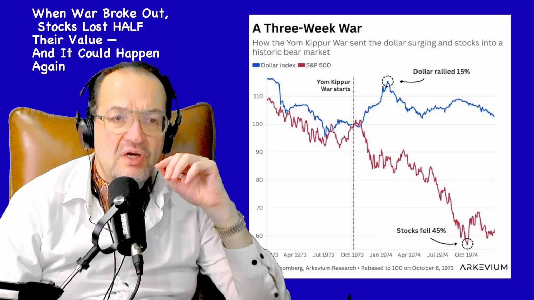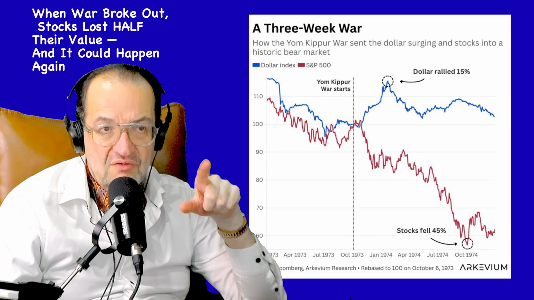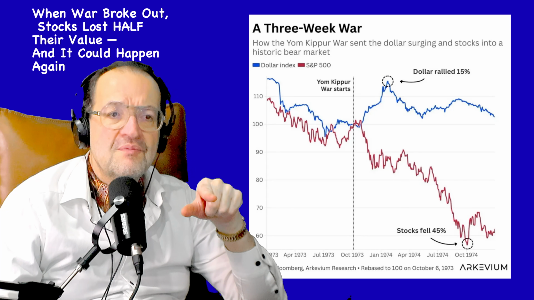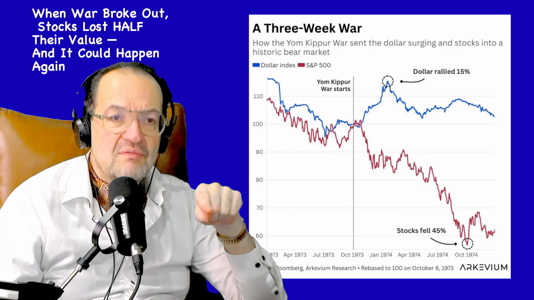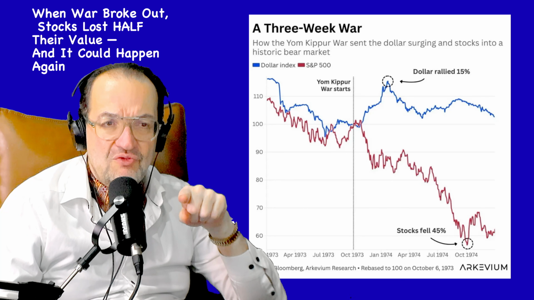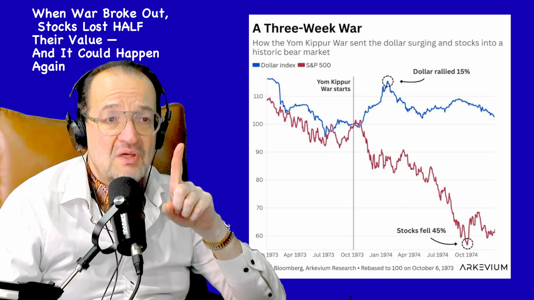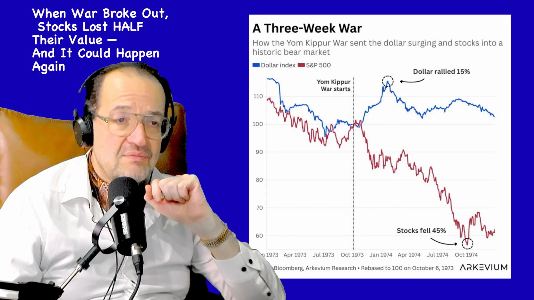Let's look at the blue line. The dollar index, notice something interesting. Before the war starts in the first half of 1973, the dollar is actually falling. It's declining. It was already under pressure from economic problems in the US. Inflation was rising. Does this sound familiar? The economy wasn't great.